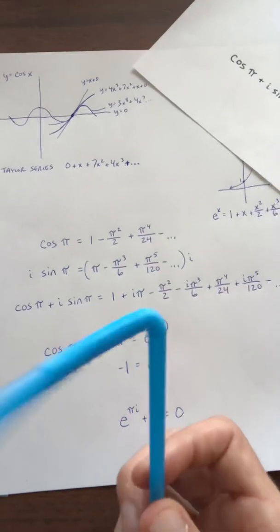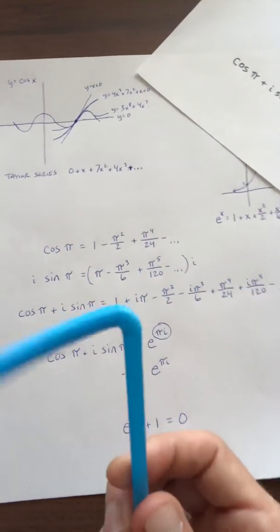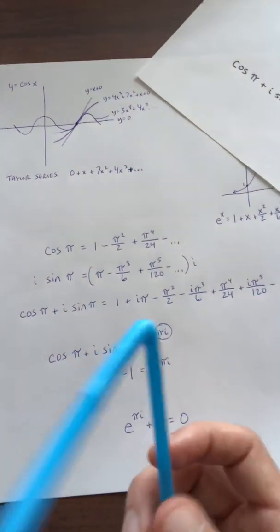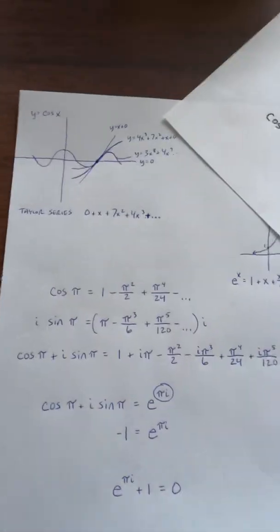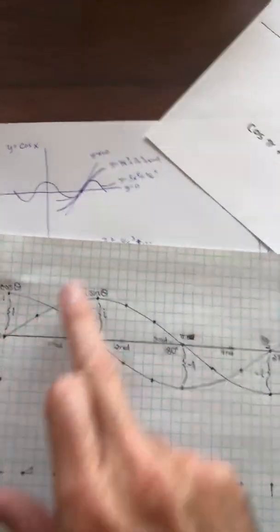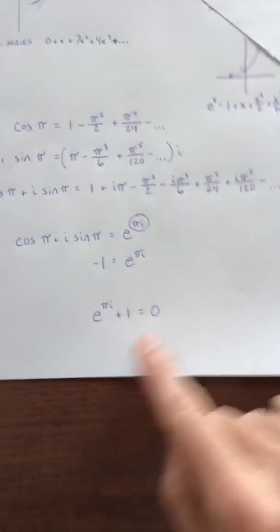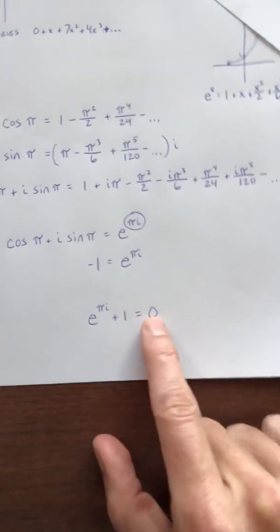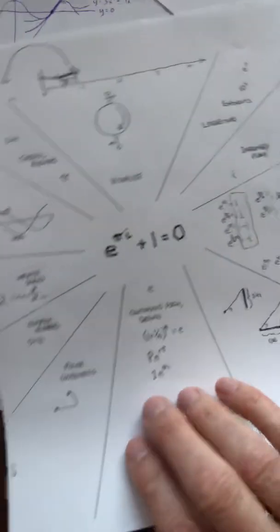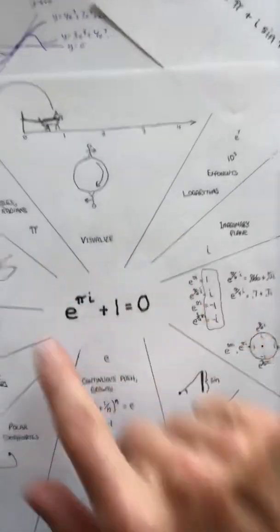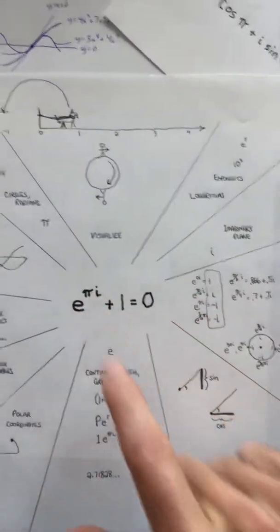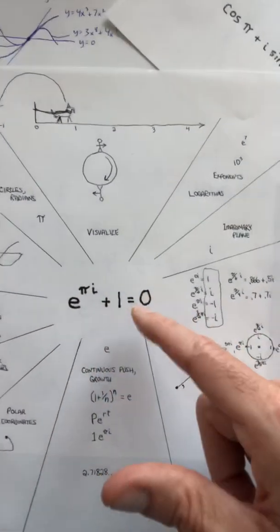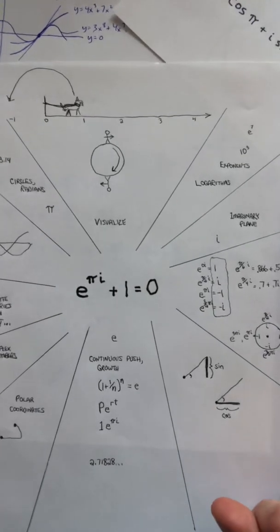Or we could rotate it several times around, and it would oscillate back and forth between 1 and -1, just like our graph over here shows an oscillation back and forth. So if we rearrange that, e to the pi i plus 1 equals 0, which goes back to our original most beautiful equation, e to the pi i plus 1 equals 0. That's all it means: what happens to the straw when you rotate it.